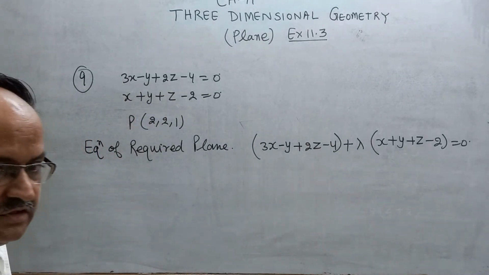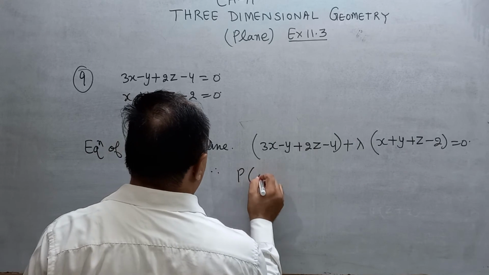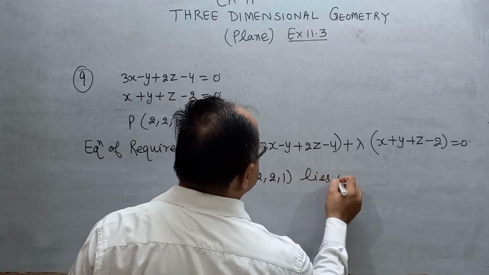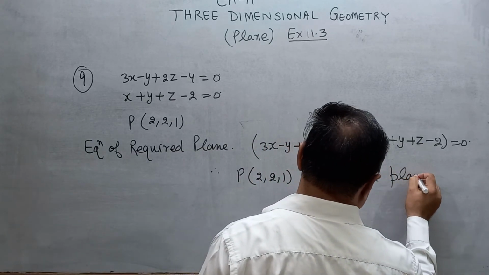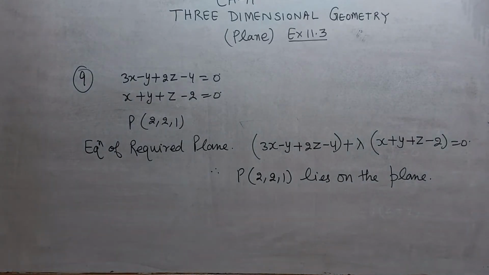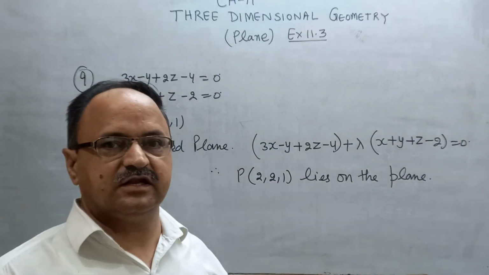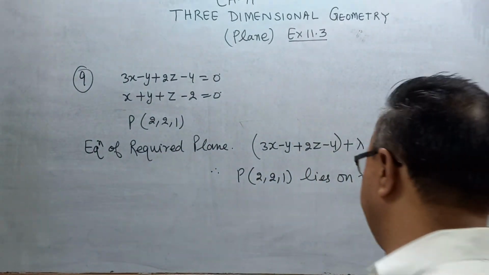Clear? And you know that the point (2, 2, 1) lies on the plane. If this point lies on the plane, the coordinates of this point satisfy the equation of the plane.